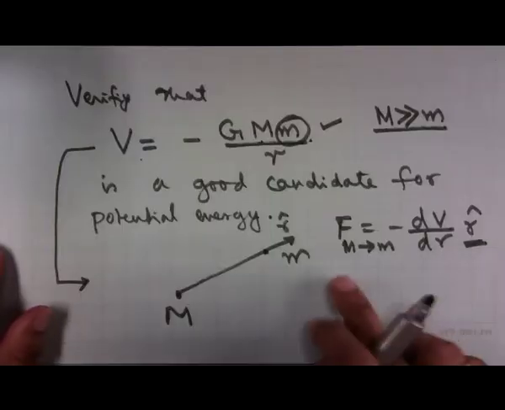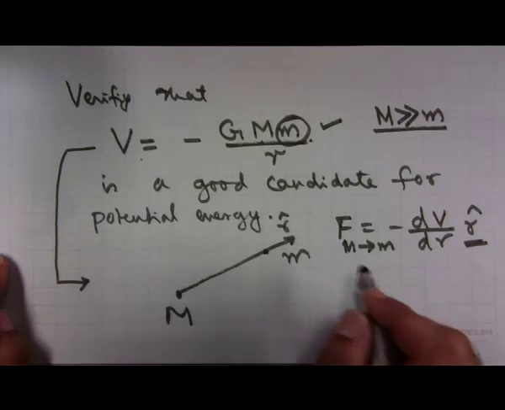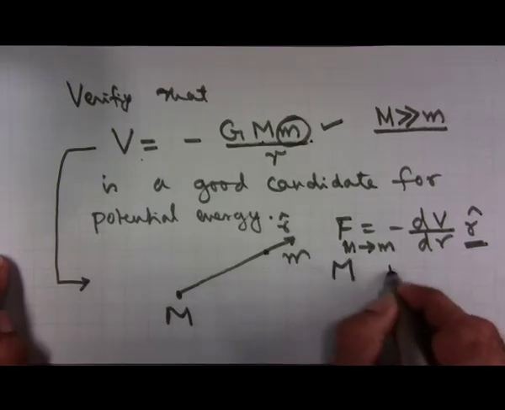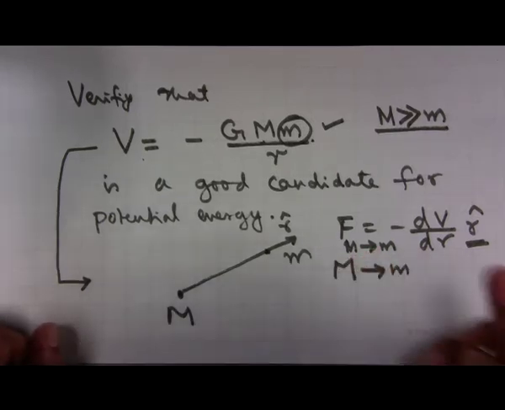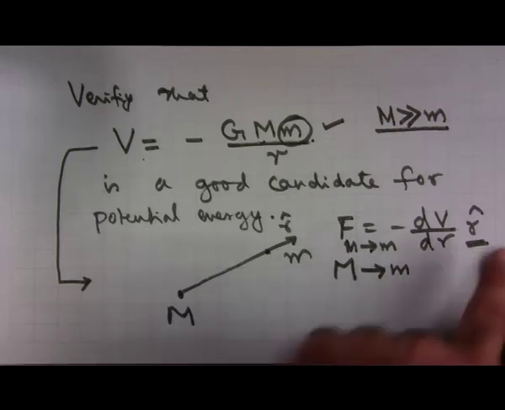If you look at this force, I wrote the force exerted by the larger mass on the smaller mass. Maybe it is not very clear, so let me write in big letters, larger mass on the smaller mass. If I want the force on the larger mass by the smaller mass, what will I do? I will again write the equation, but the direction of r will be unchanged.